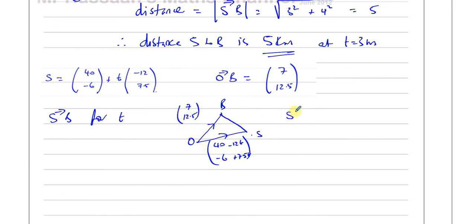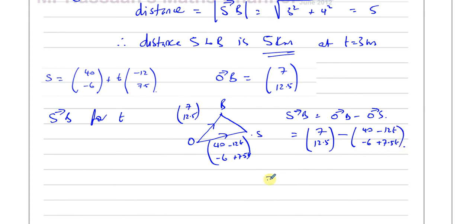So we can say the vector from S to B, as we mentioned before, is minus OS plus OB, so it's going to be OB minus OS. That's going to give you 7 and 12.5 minus 40 minus 12t and minus 6 plus 7.5t.